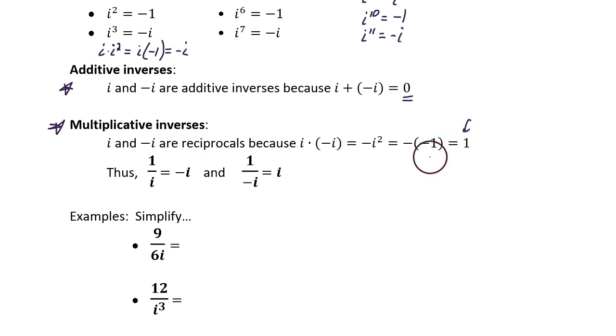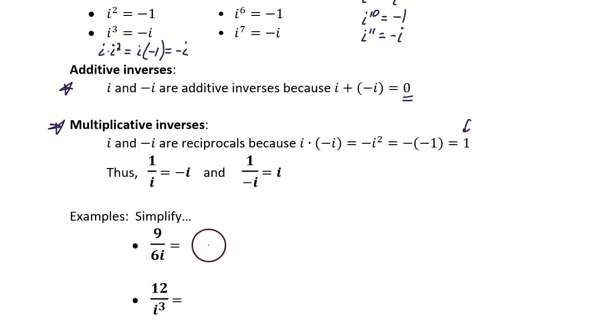Earlier this year when we were studying reciprocals, also called multiplicative inverses, we said that reciprocals are any two numbers that multiply together to make +1.